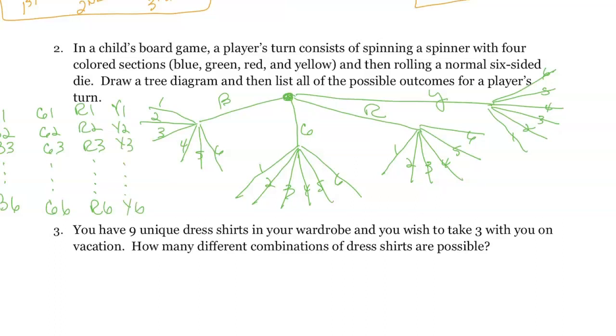So if I have 6 in each row, it's going to be 24 in my sample space, and there they all are. Okay, so those are the 2 tree diagram examples.